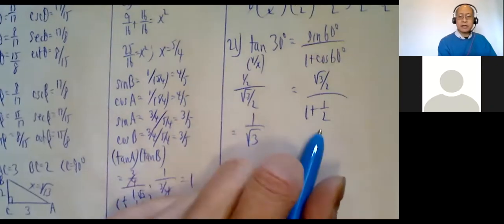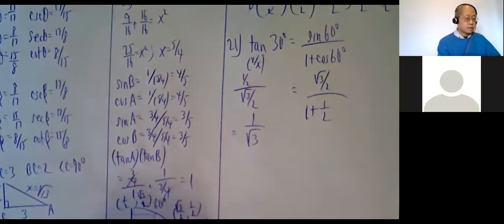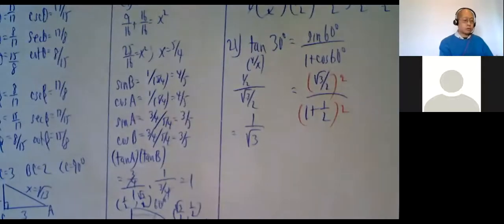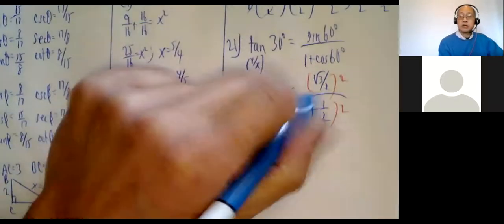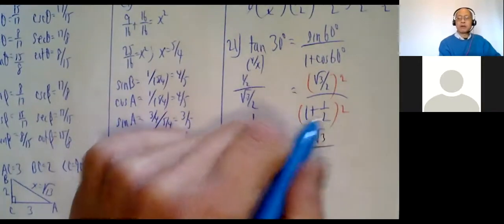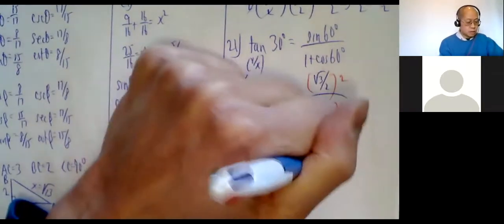How can I get that to look like that? Let's see. How about over here? I'll multiply the numerator and denominator of the main fraction by 2 to make it look nicer. So that's going to cancel out. It's going to be radical 3 divided by 2 plus 1.